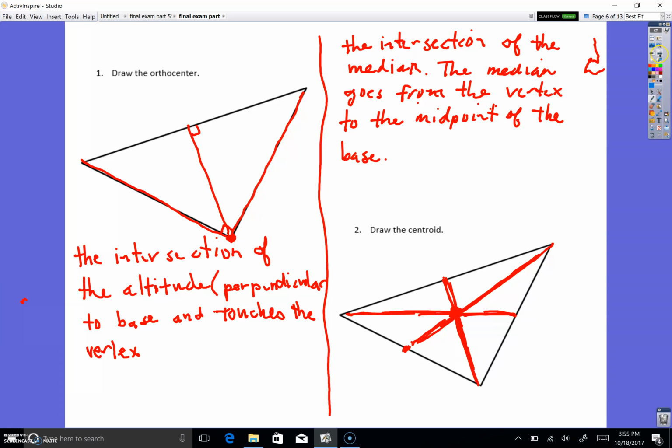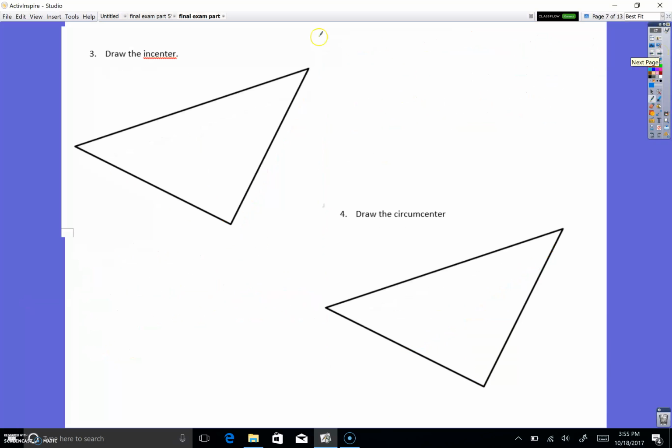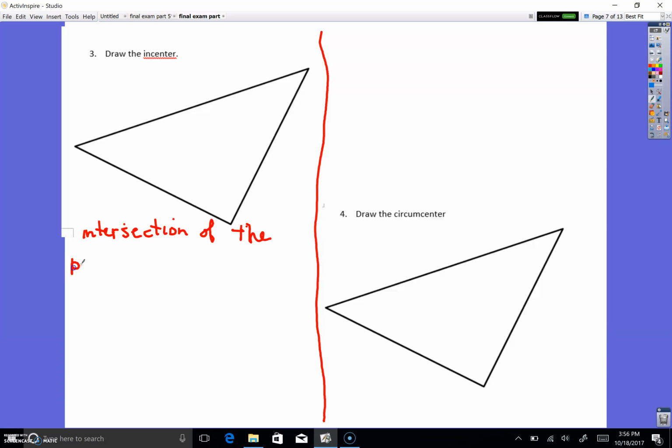Now I'm going to go to next. We are going to do the incenter. The incenter is the perpendicular bisector. So it's the intersection of the perpendicular bisector.